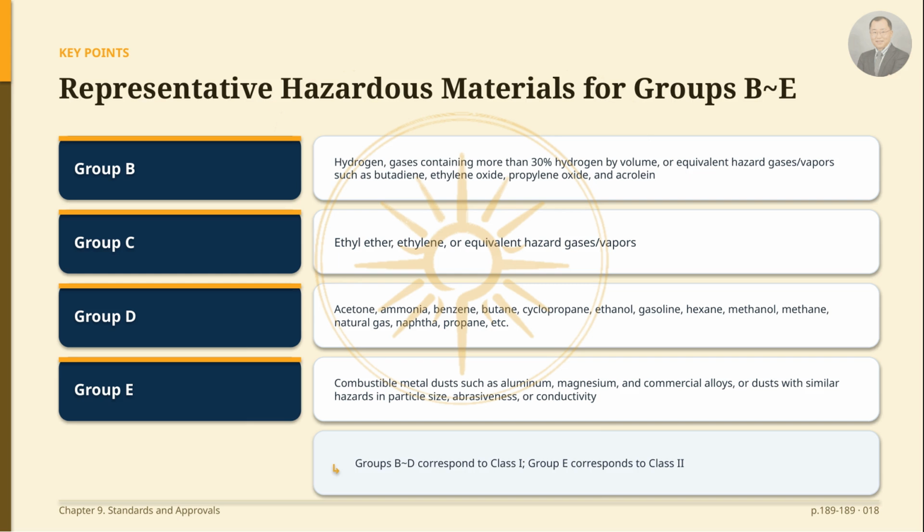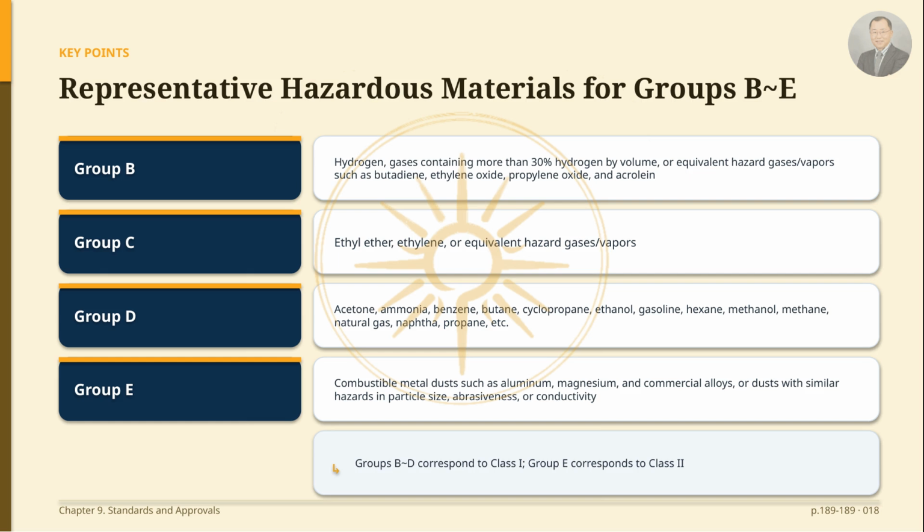Group C includes atmospheres such as ethyl ether, ethylene, or gases or vapors of equivalent hazard. Group D has the broadest range, including atmospheres such as acetone, ammonia, benzene, butane, cyclopropane, ethanol, gasoline, hexane, methanol, methane, natural gas, naphtha, propane, and equivalent hazard materials.